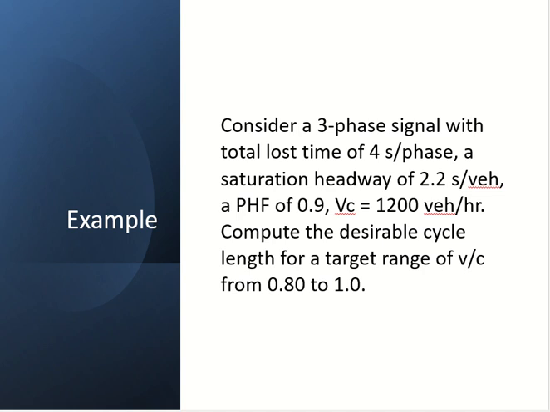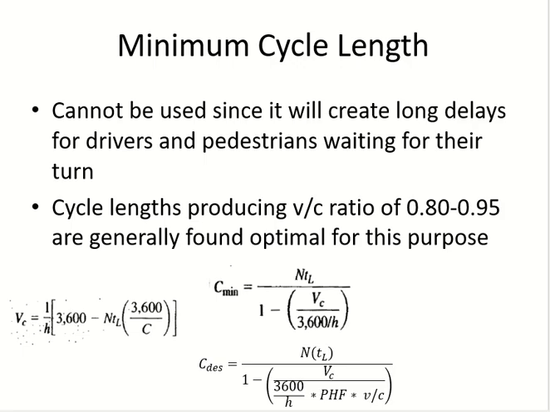V by C ratio changes from 0.8 to 1. So it's not one value, we have to try the range. The rest of the things are constant. Anything missing?